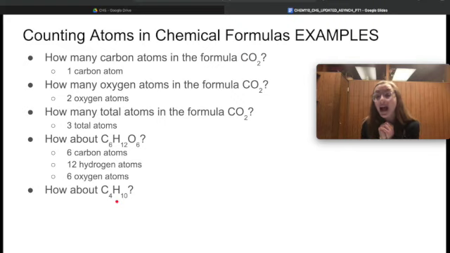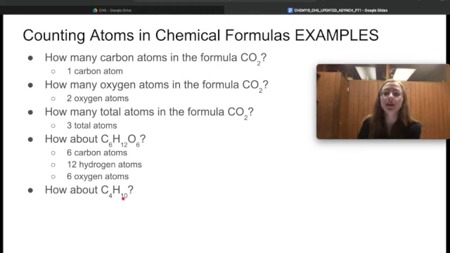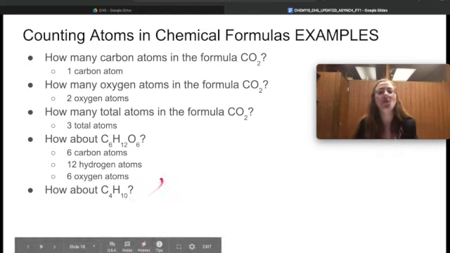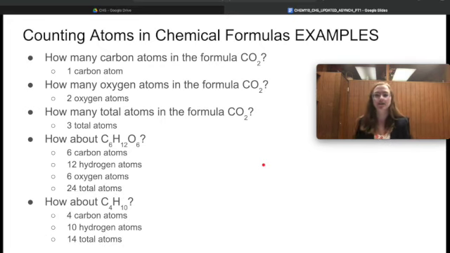If I want to know how many hydrogen atoms I have, I look for that H for the chemical symbol of hydrogen. And if I have that chemical symbol H and it has a subscript after it of 10, H sub 10, that's going to be 10 hydrogen atoms. So if I want to know how many atoms there are total in butane, there would be 14 atoms total, 4 carbon atoms and 10 hydrogen atoms.